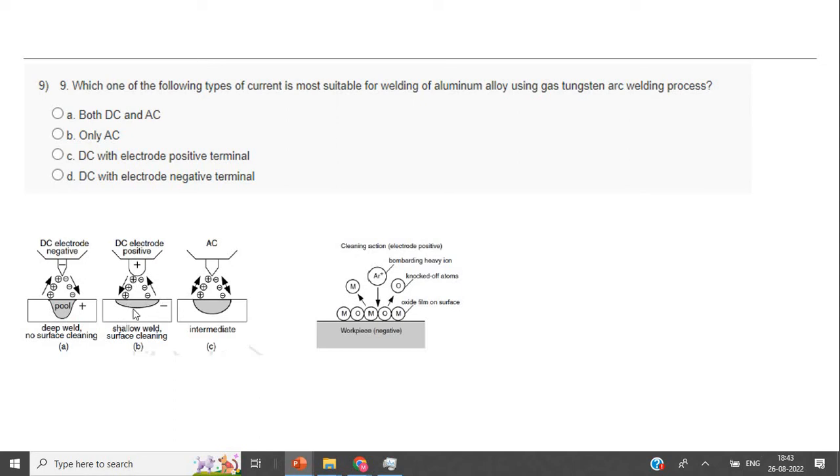So surface cleaning will happen. The region near the weld will have no oxide layers, because the electrons are released from the oxide, since the work function is less. The cathode spot will be in the aluminum oxide regions, so electrons are released from there and hit the electrode.